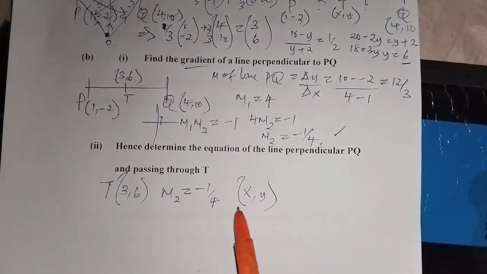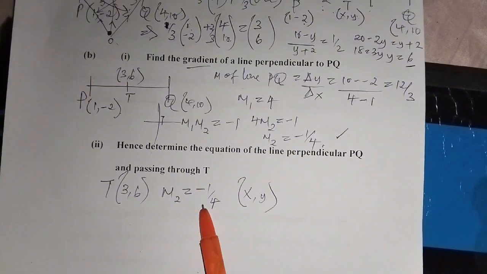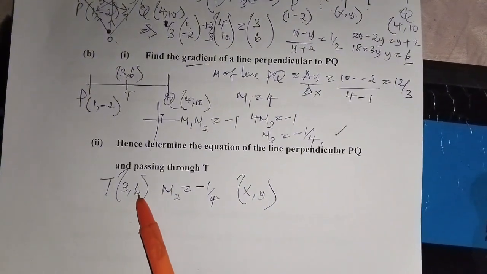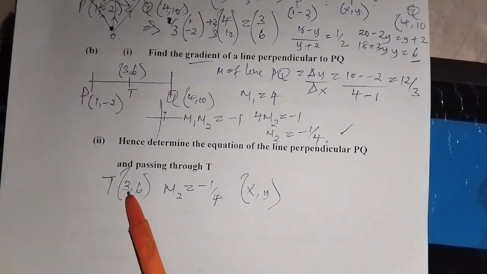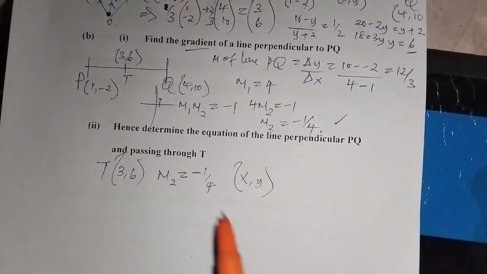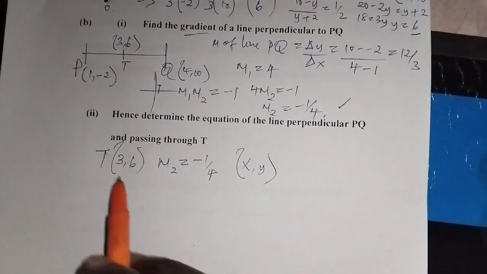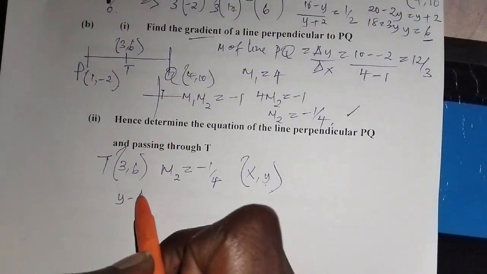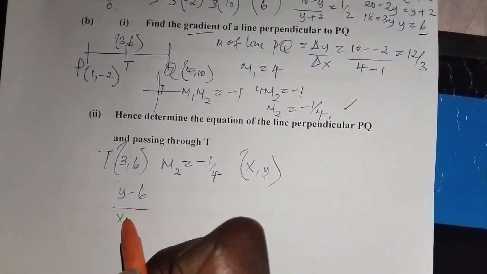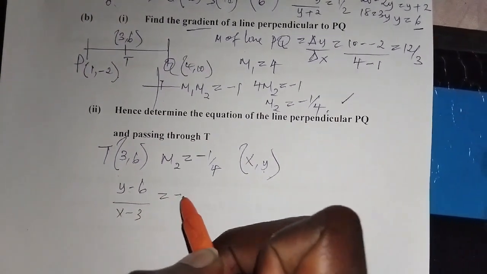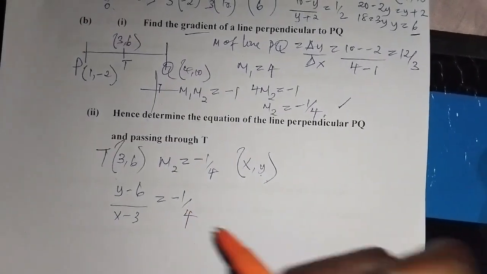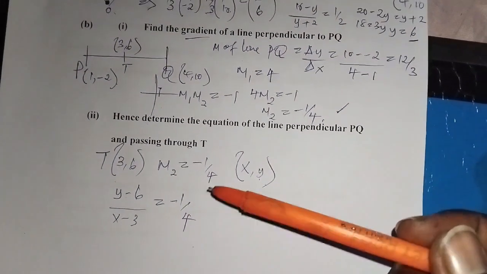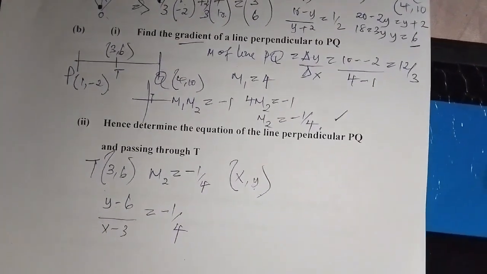You have gotten the gradient, and they want an equation of the line passing through this point. So again, we can say our change in y, which will be y minus 6, over change in x, x minus 3, will give you the same gradient of a line which is perpendicular to PQ.